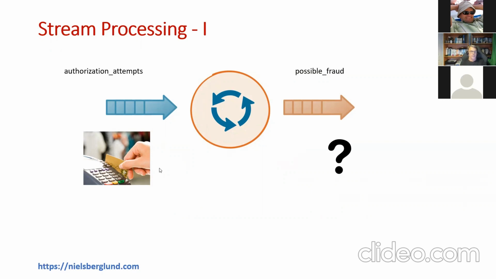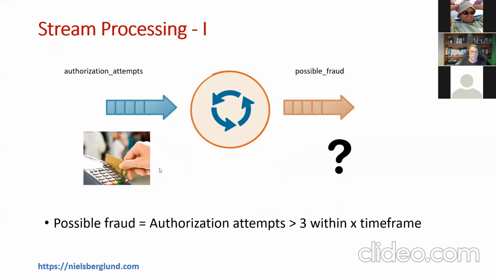When someone swipes the card on the machine, we push an event message to a Kafka queue, and then we consume that event from the Kafka queue to determine whether this is possible fraud or not. Possible fraud in this case is when we have more than 3 authorization attempts for the same card ID within X minutes, seconds, what have you. That's easy peasy, right?